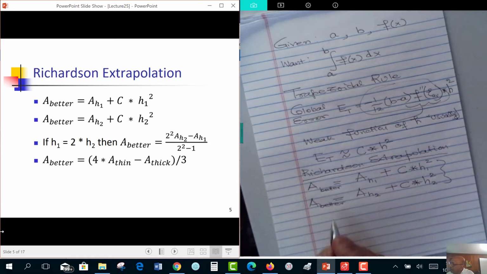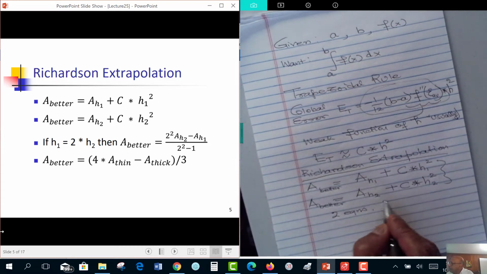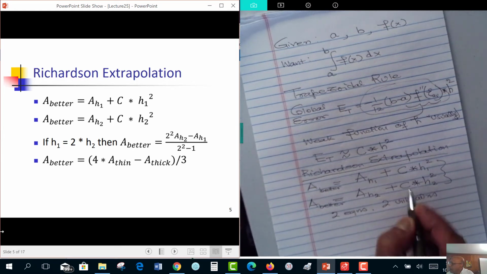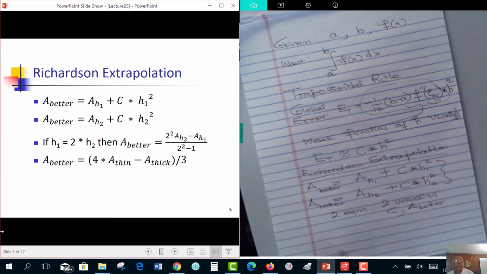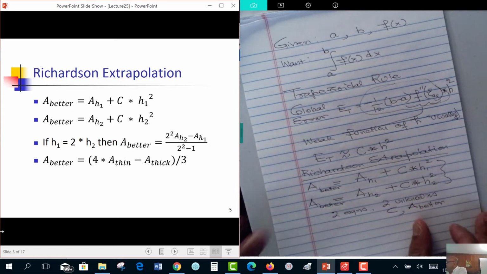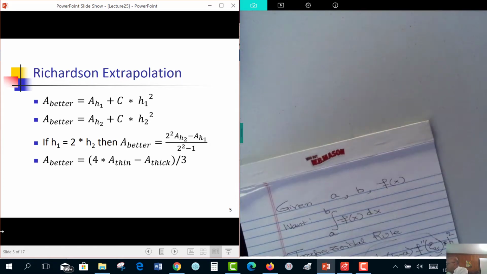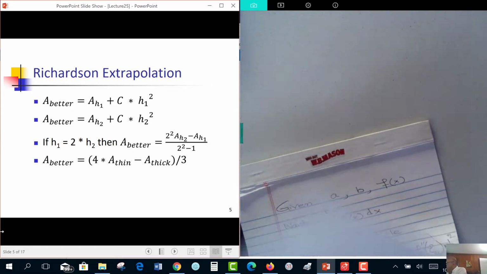So now we have two equations and two unknowns. Our unknowns are c and a beta. We can solve these two equations in two unknowns for a beta.